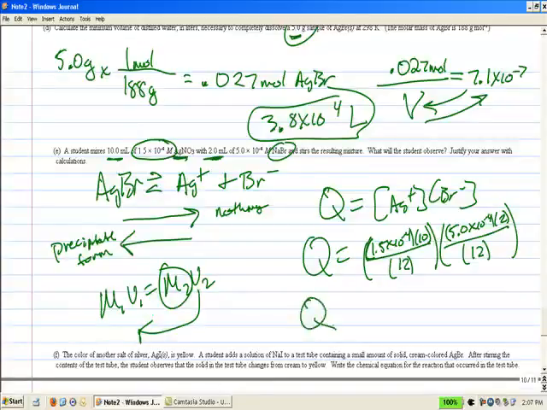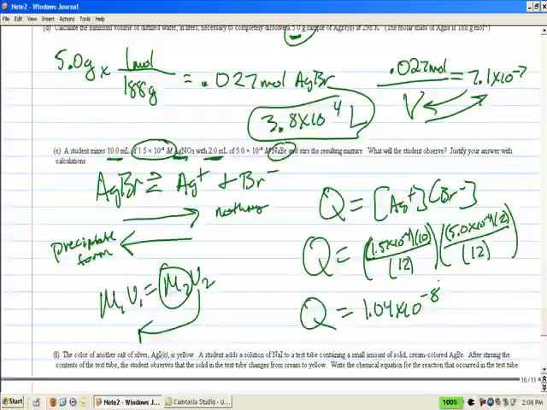Okay, when I do that, I'm going to take 1.5 times 10 to the minus 4th times 10 divided by 12, and I'm going to multiply that by 5 times 10 to the minus 4th times 2 divided by 12. And I get a Q value equal to 1.04 times 10 to the negative 8th.